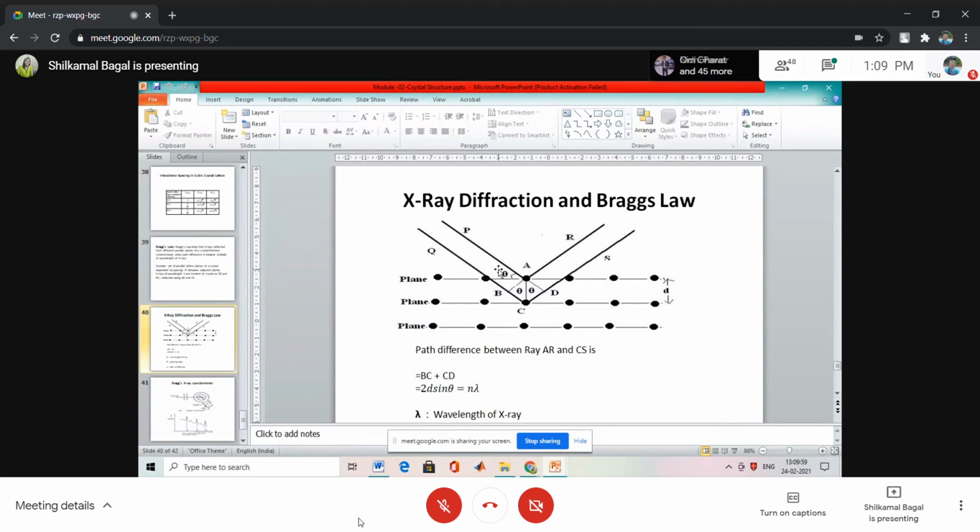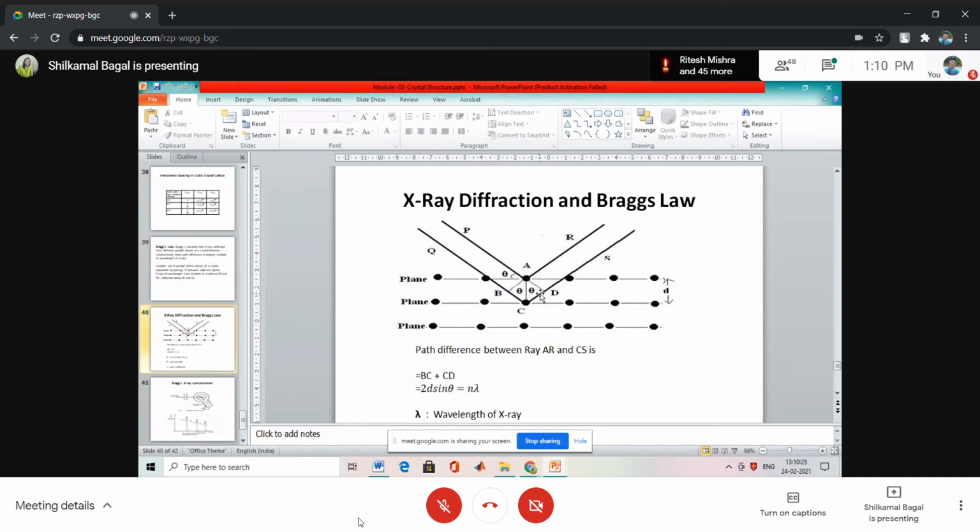Rays are incident on the crystal plane with an angle theta. So theta is not the angle of reflection or diffraction, but it is the angle with which X-rays are incident on the crystal plane. That is the angle made by incident X-rays with the crystal plane.